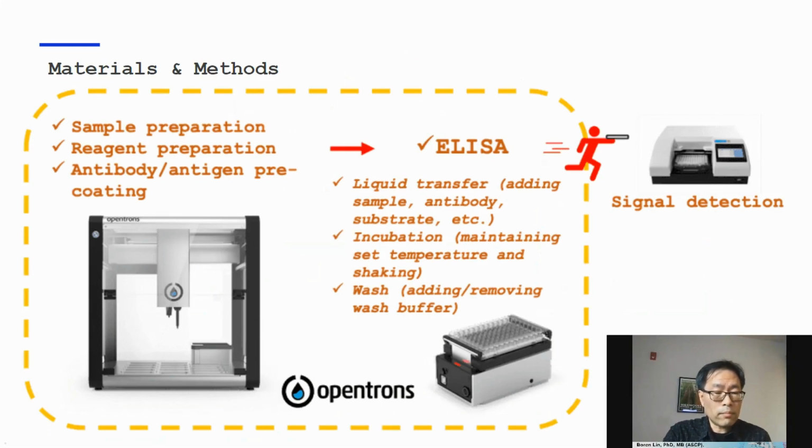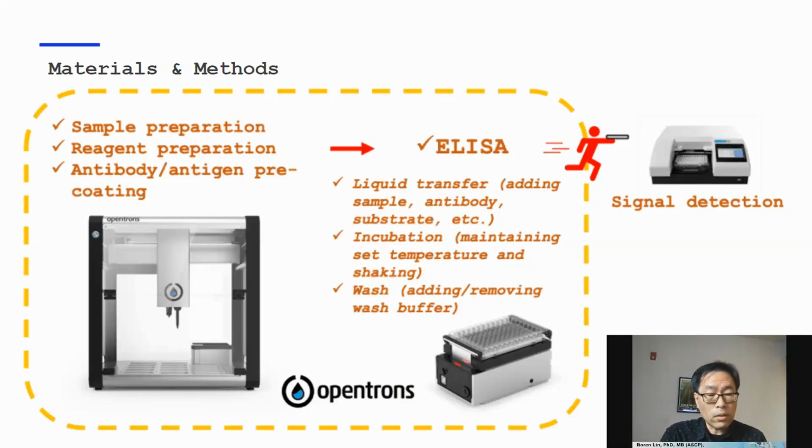So those major steps can be performed on a liquid handler, such as liquid transfer and washing with a multi-channel pipette. And the incubation can be carried out on a temperature control shaker integrated on the platform to streamline the process.